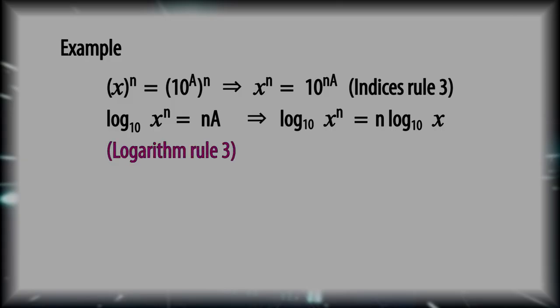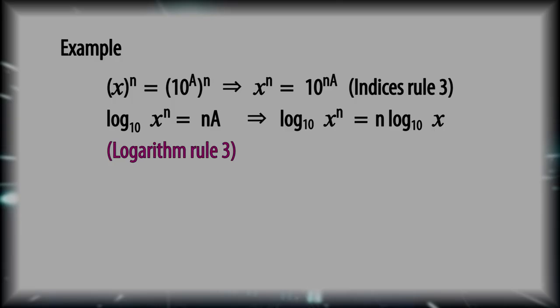We can write that in log form. Then it becomes log base 10 of x raised to the power n is equal to n times a. So we have log base 10 of x raised to the power n is equal to n times log base 10 of x. I'm sure you remember that from the beginning we said a was equal to log base 10 of x.